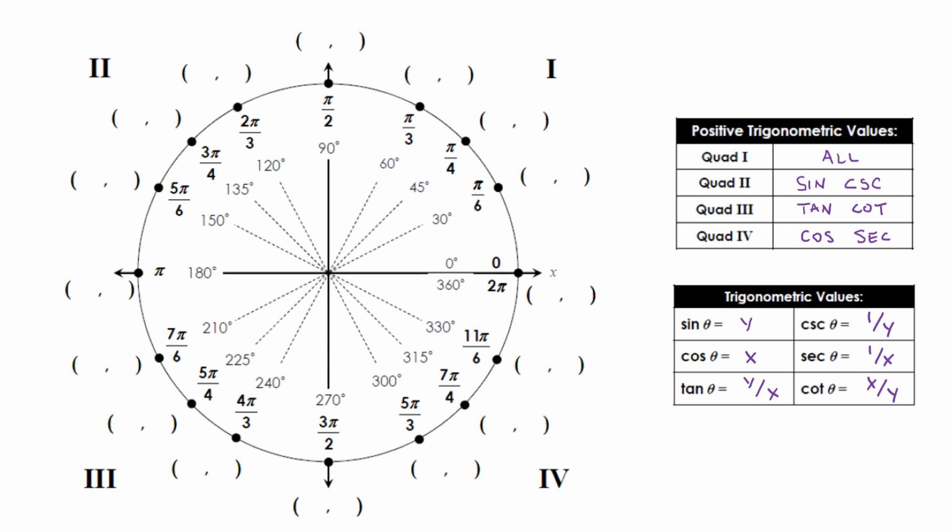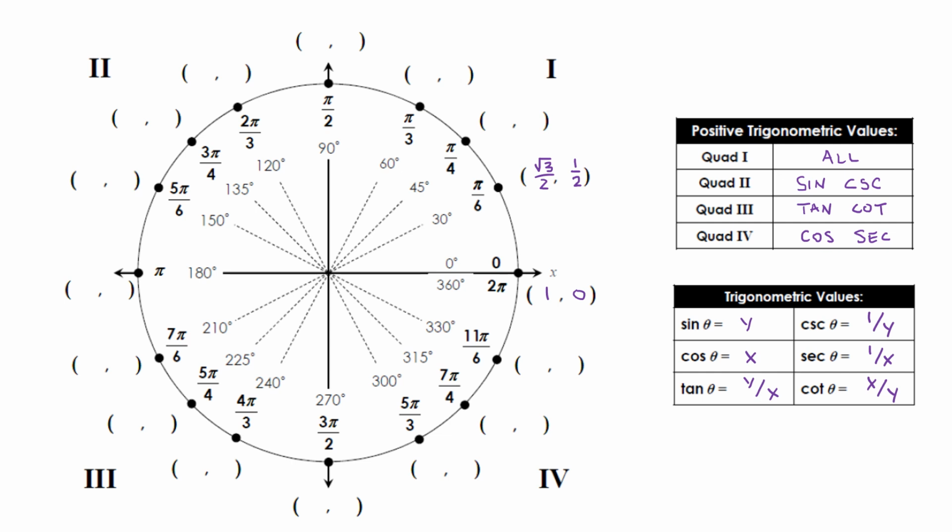So starting in quadrant 1, with a radius of 1, the cosine of 0 degrees, or 2 pi, is going to be 1, and the sine will be 0. For 30 degrees, the cosine will be square root 3 over 2, and the sine would be 1/2.